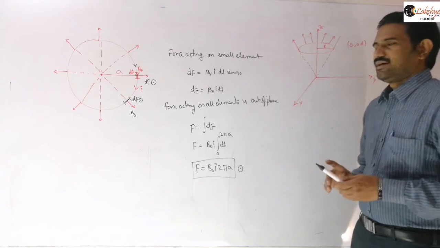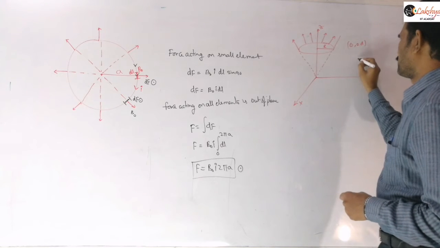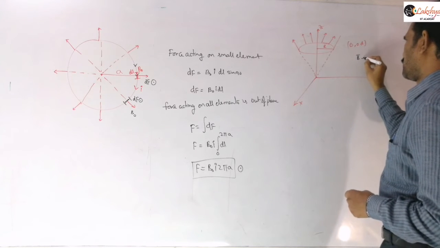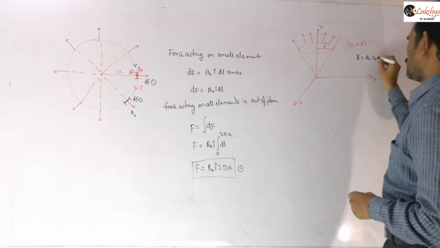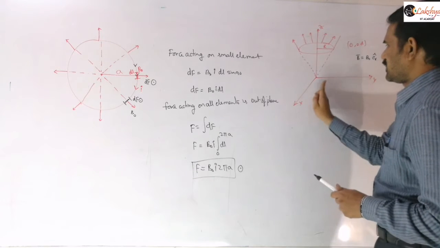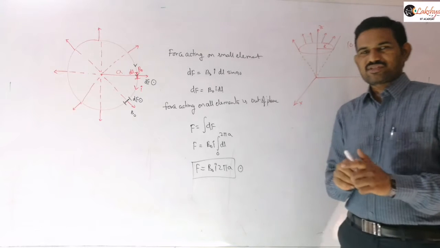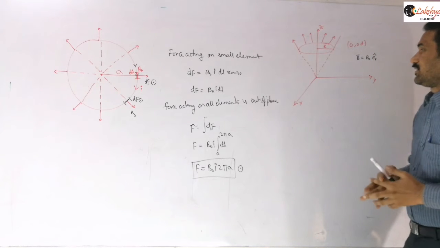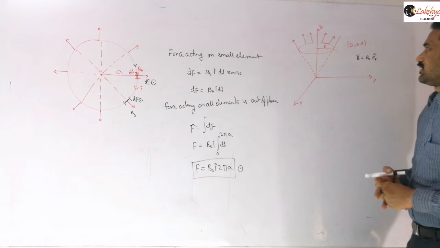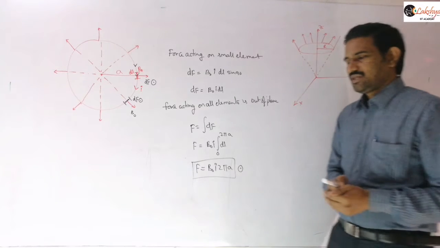In a radial magnetic field given by B bar is equal to B naught e r cap. It means that e r cap is acting along the radial direction. Generally they will represent the radial magnetic field like this.